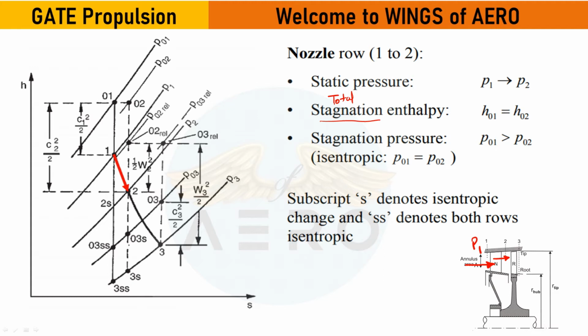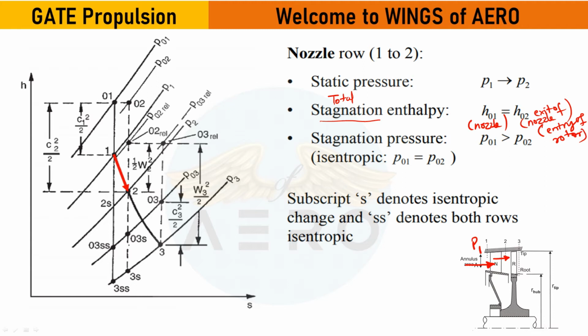This is H naught 1, ahead of the nozzle, while entering, and this is the exit of the nozzle, the stagnation enthalpy at the exit of the nozzle, or I can also say at the entry of the rotor.